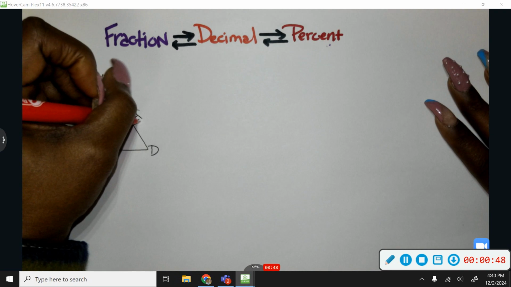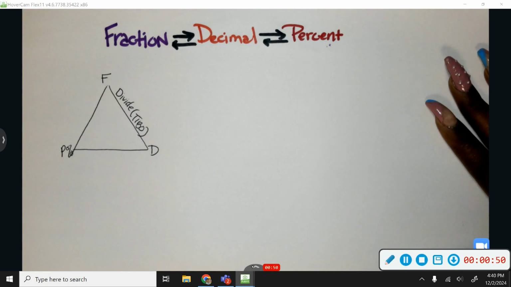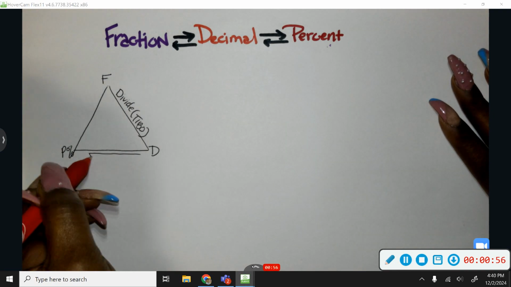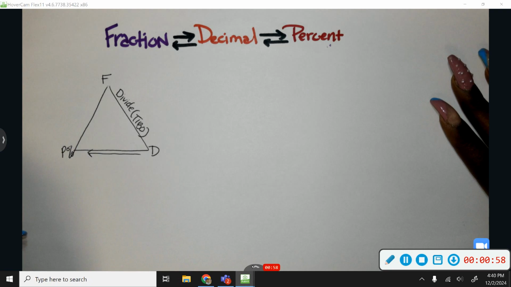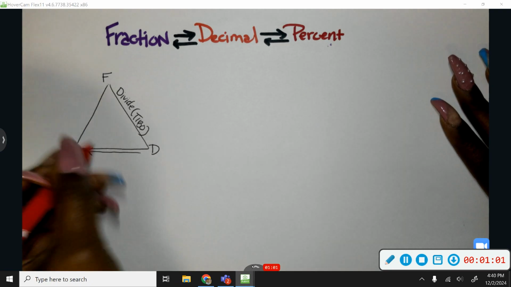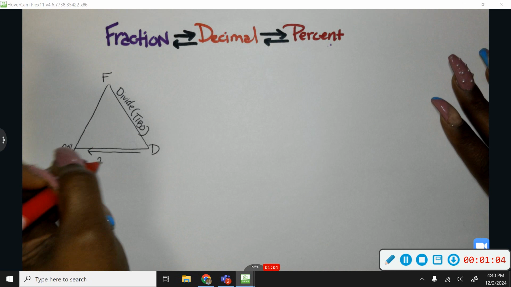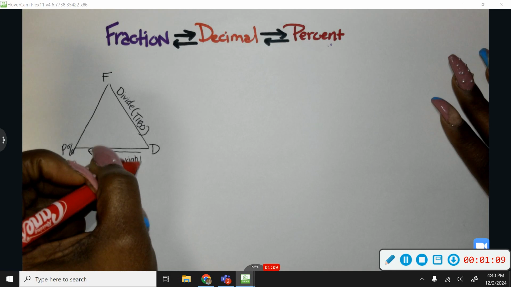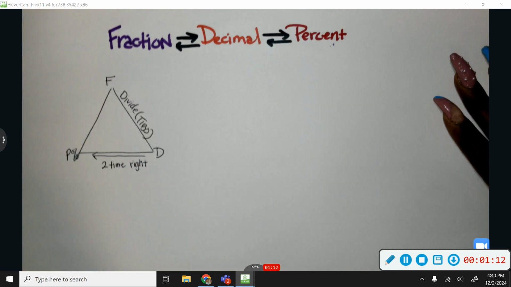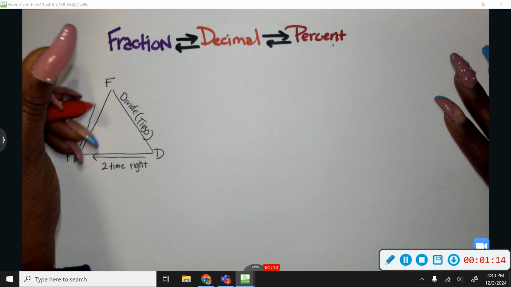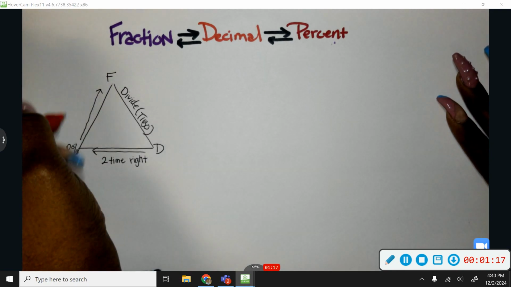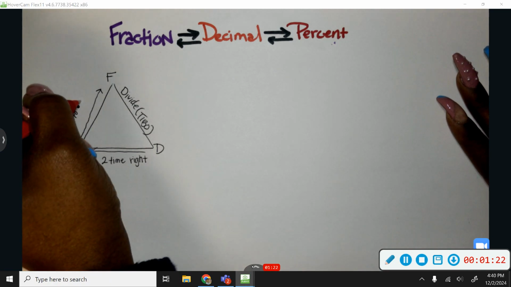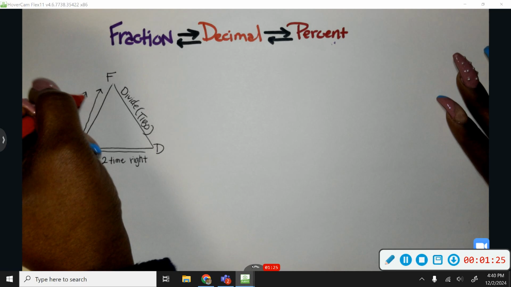From a decimal to a percent, and we're going to go more into this in detail, I would simply move my decimal 2 times to the right. And then percent to a fraction, I would just turn my percent to a decimal and then turn my decimal into my fraction.